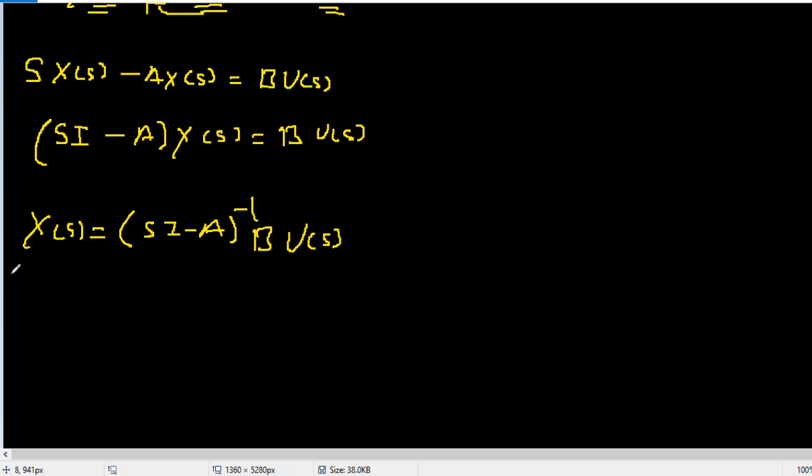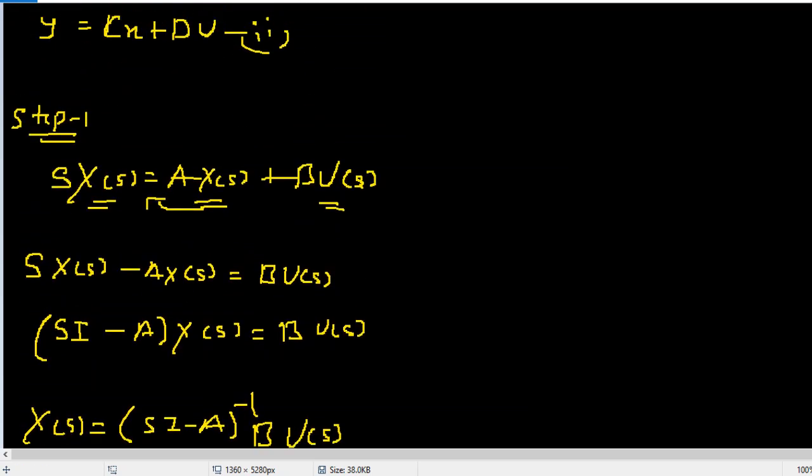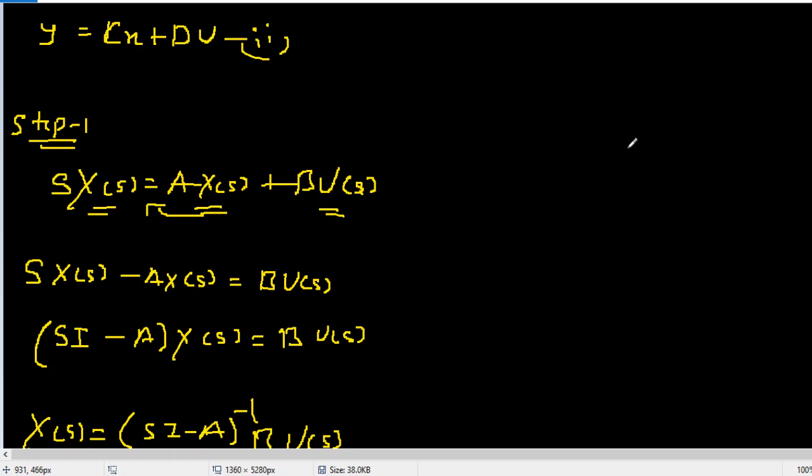This one is the function of X in the frequency domain. Now we have to take another step to get the solution for the output side equation. So for that, step 2. Now solve it.